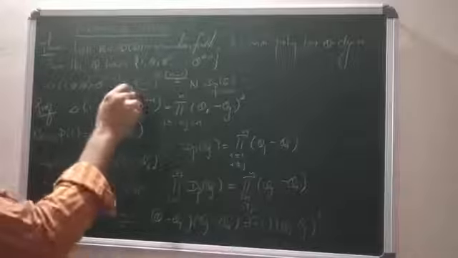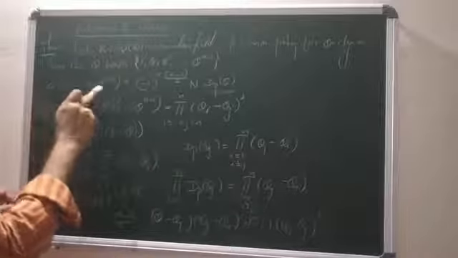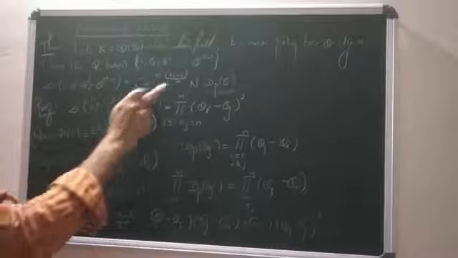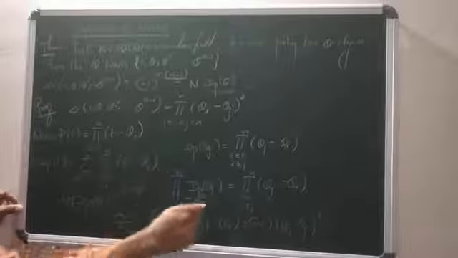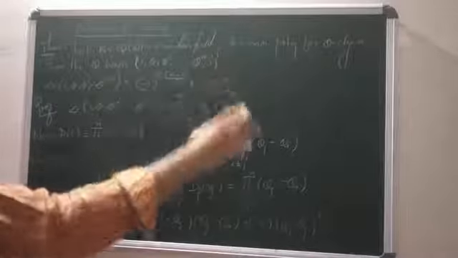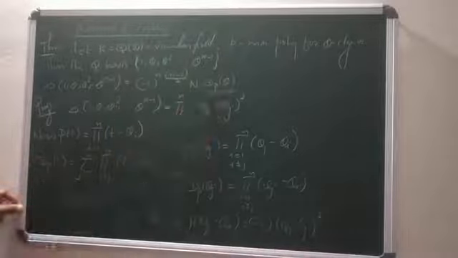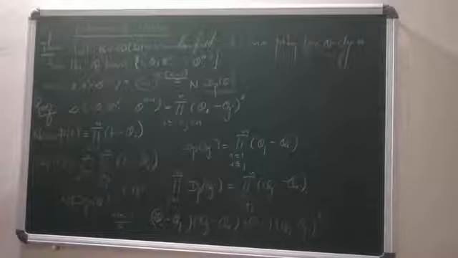So that is our result: the discriminant delta of 1, theta, theta squared and so on, equals minus 1 to the power n(n minus 1)/2 times N of dp(theta). That is the norm.